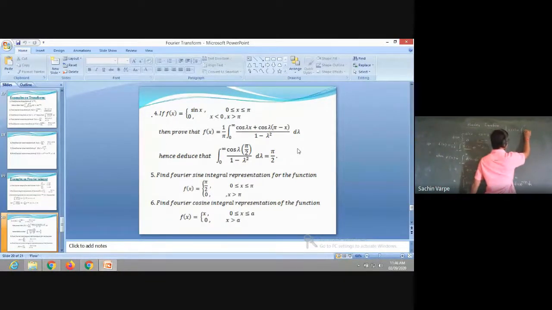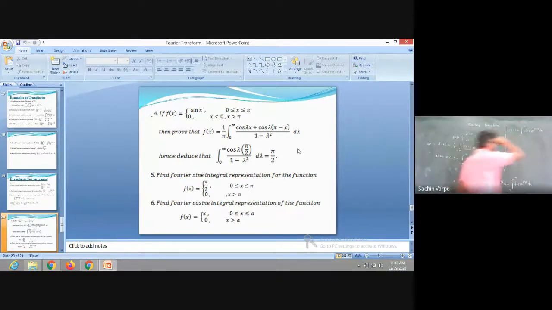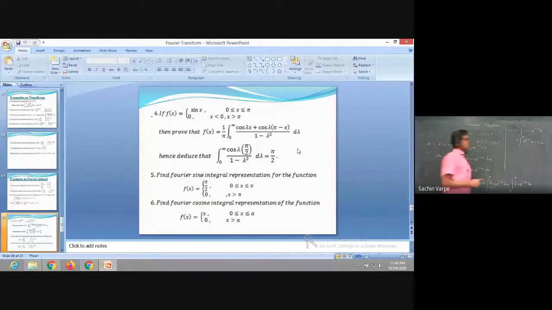So sine of x e to the power minus i lambda x dx. Therefore, which is equal to integral from 0 to pi e to the power minus i lambda x into sine of x dx. I have just rewritten the integrand by rearranging.